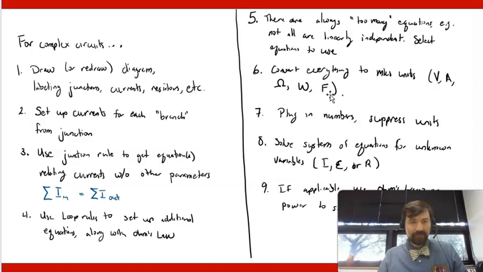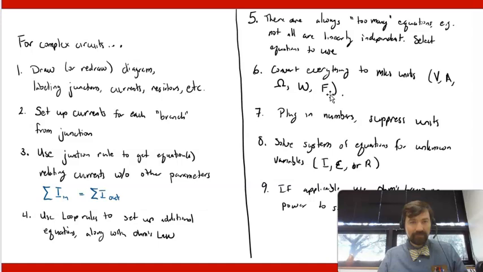And so what you have to do is find a set of 3 or 5 or whatever linearly independent equations. However many variables or unknowns you have, that's how many linearly independent equations you have. So you kind of go through and eliminate some of your equations. And then my recommendation is convert everything into MKS units, so that's volts, amps, ohms, watts, farads, henries, etc.